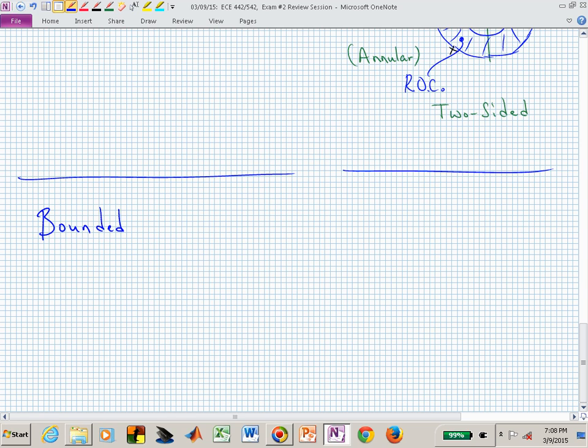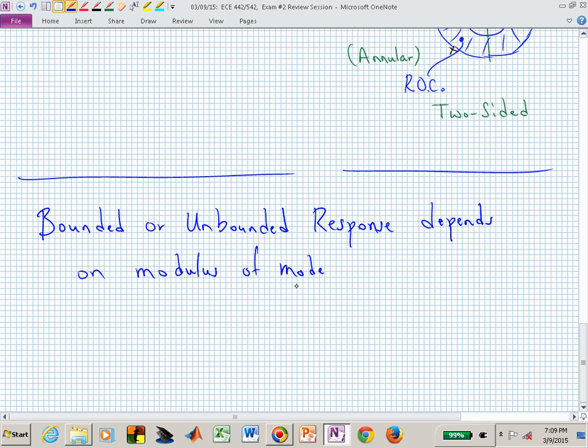The time domain behavior, whether your response is bounded or unbounded, depends on the modulus of the mode and the time index window.